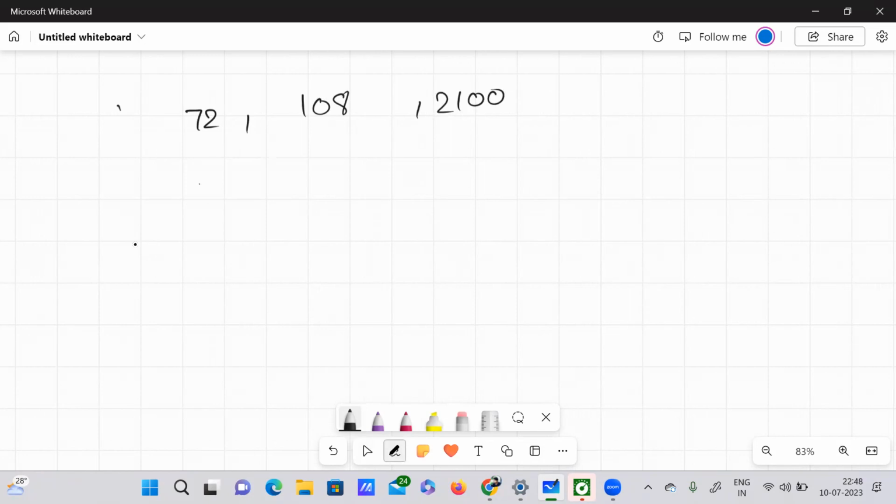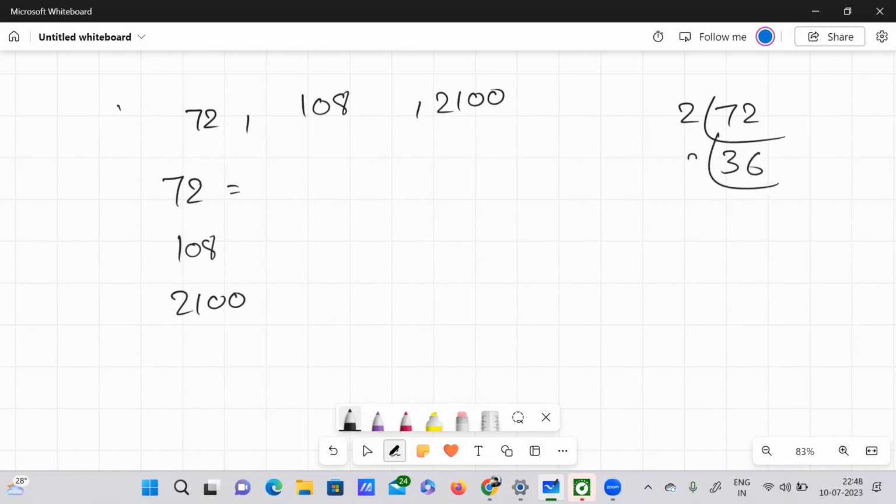First of all, we need to calculate separately. 72, 108, 2100. So in the earlier thing, we have done prime factorization. In the same manner, we'll do it now. 2 threes 6, 2 sixes 12, 2 eighteens 36, 2 nines 18, 3 threes 9, 3 ones.